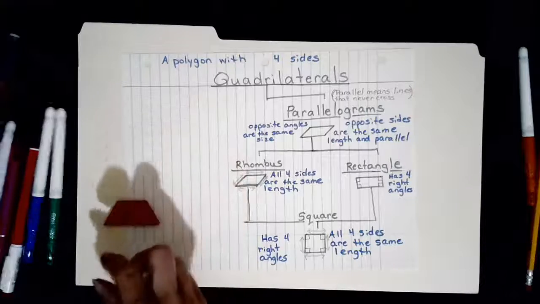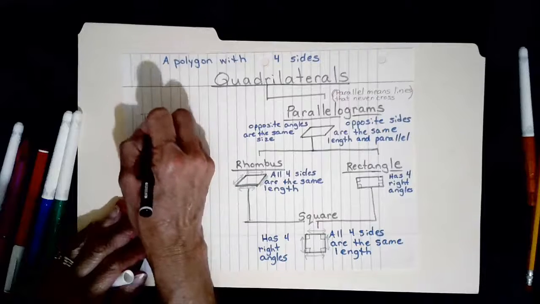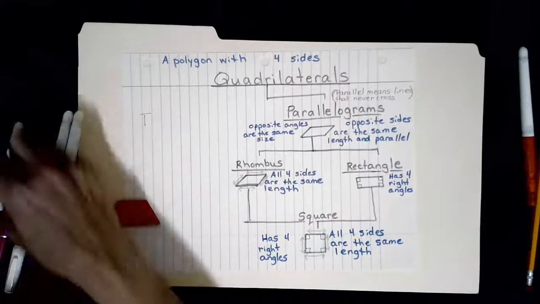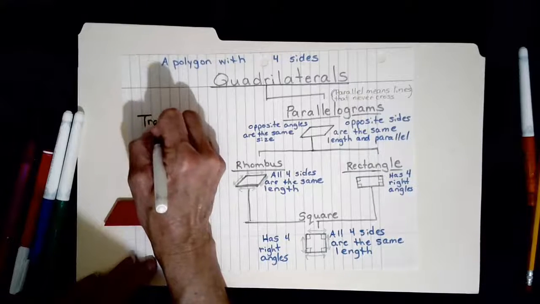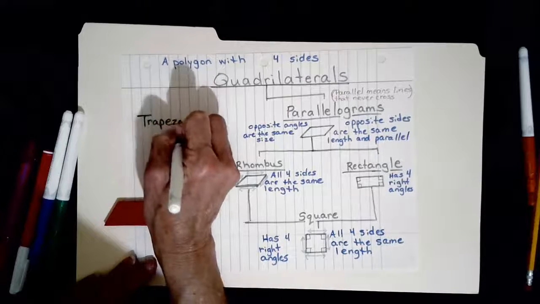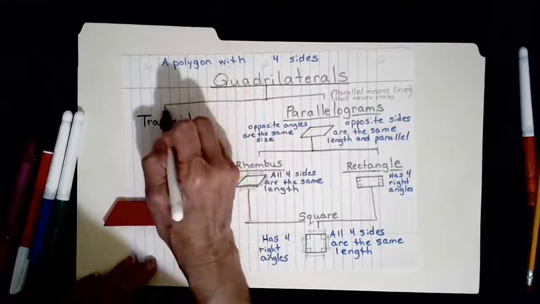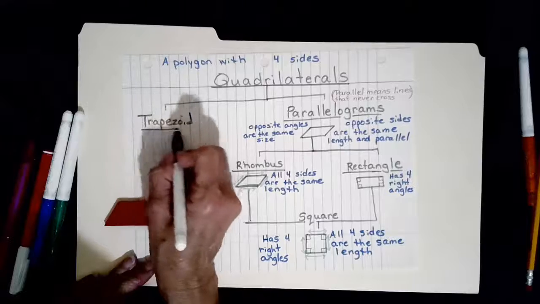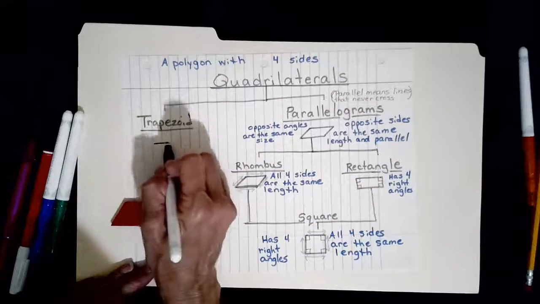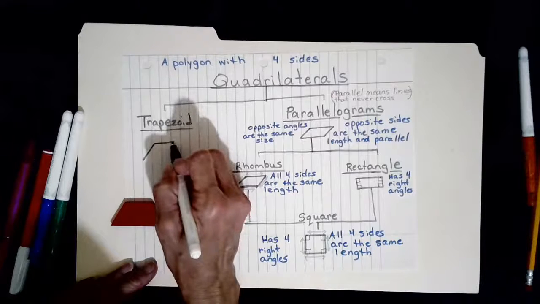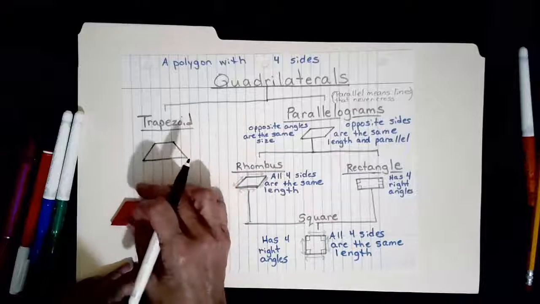So I'm going to write my trapezoid over here. Oops, wrong pen. Hold on, please. And our trapezoid, it is a quadrilateral because it does have 4 sides, but it's not a parallelogram because it does not have 2 pairs of parallel sides.